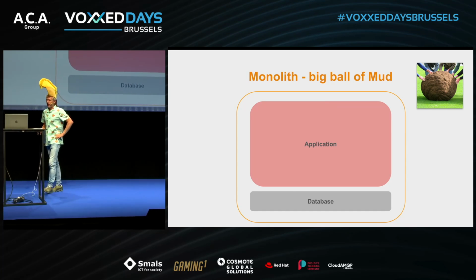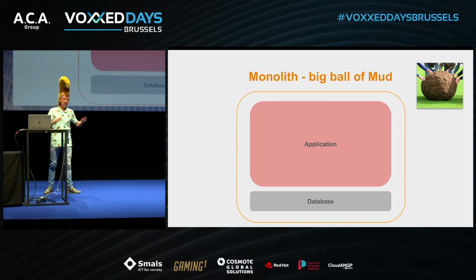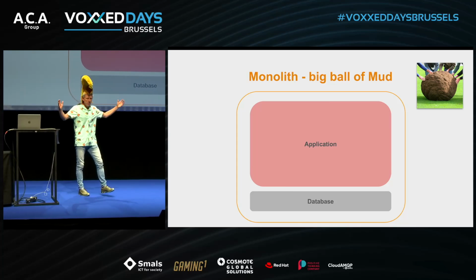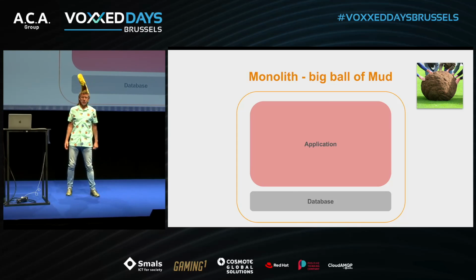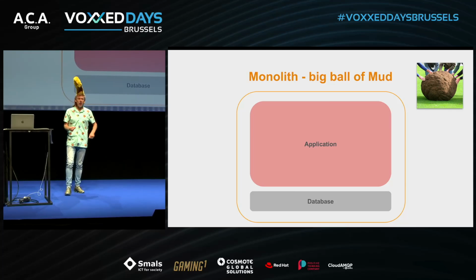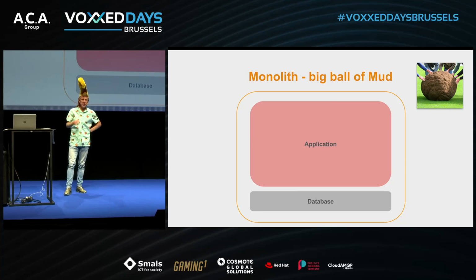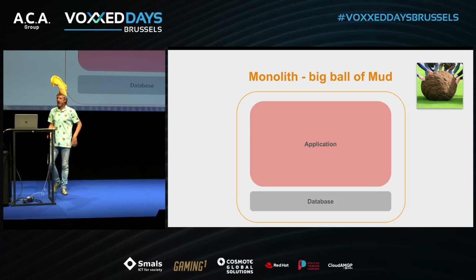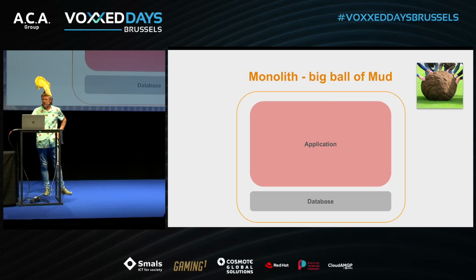The rhino is also a monolith, a big structure. And we have also in our applications a monolith as a big ball of mud. Everything is tightly coupled together, so we don't want that, of course.